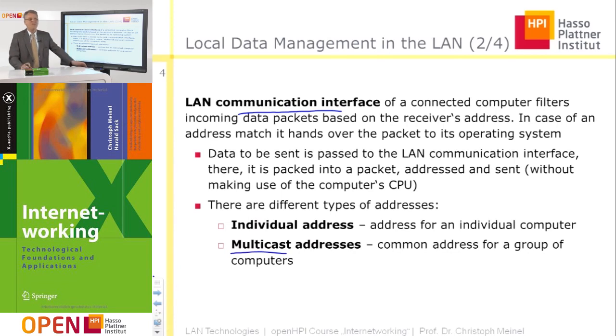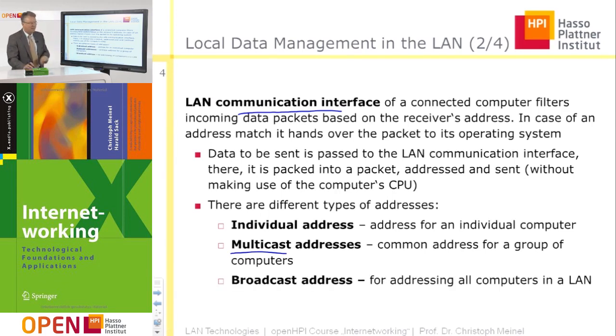By means of multicast addresses, it is possible to address with one address a group of different computers connected to the local area network. And then the third type of address is the so-called broadcast address. This is an address that makes it possible to send one packet to all the other computers connected to the LAN. This is, for example, important for some administrational work, for some updating and other things.